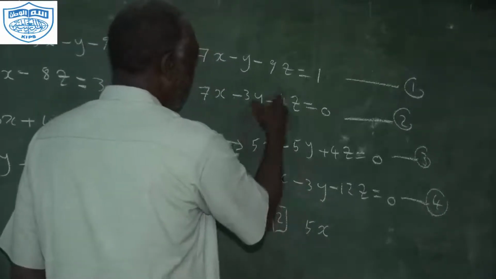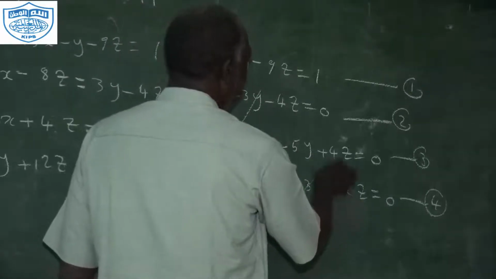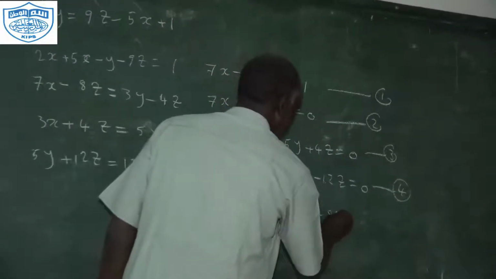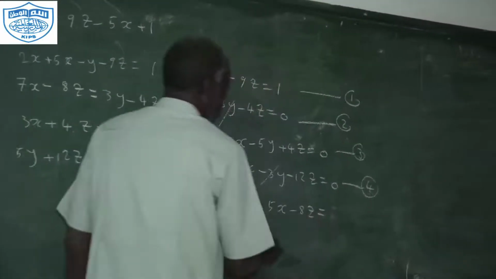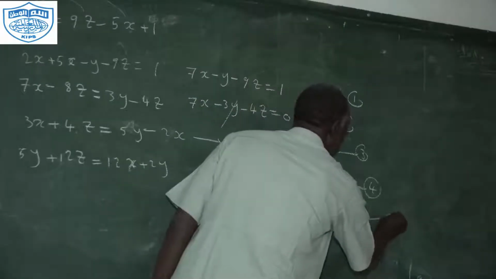Negative 3y plus 3y vanishes. Negative 12z plus 4z is negative 8z, and 0 minus 0 equals 0. Put this as equation number 5.